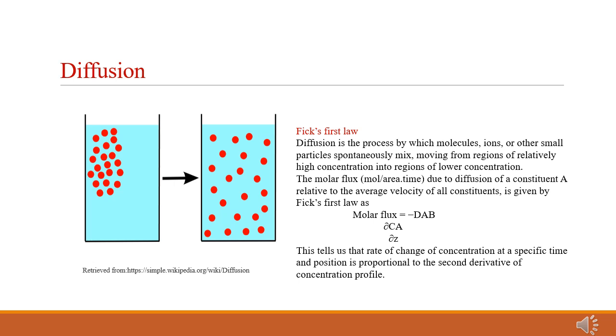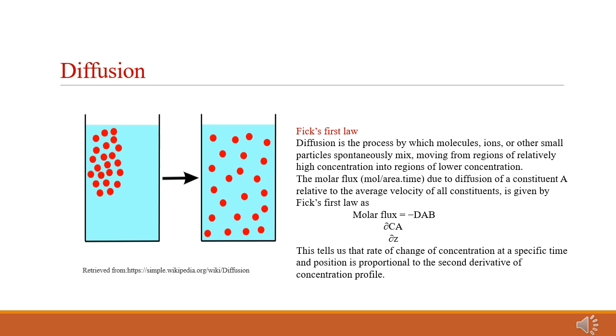This process continues until equilibrium is reached, meaning the concentration is uniform throughout the system. In chemical engineering, diffusion plays a critical role in many processes such as mixing, chemical reactions, and separation operations.